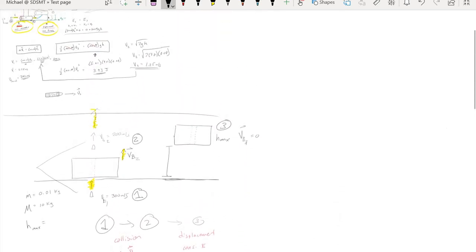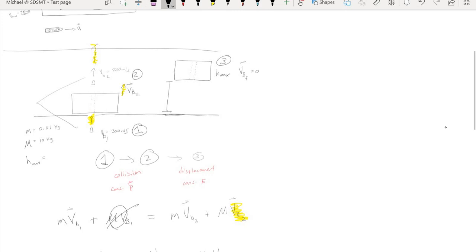So what height will that block achieve? From site 2 to site 3, that's a displacement. We said we could use conservation of energy. We're going to look at the energies at site 2 and compare them to the energies at site 3.